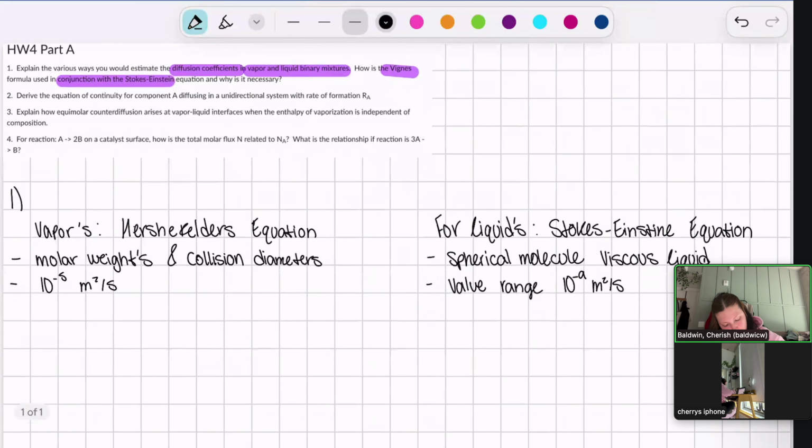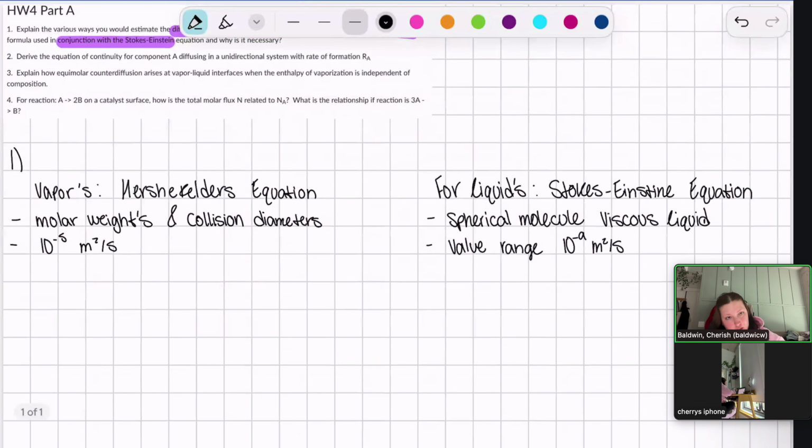Alright, so now we're going to explain the conjunction between Vignes' and the Stokes-Einstein equation.